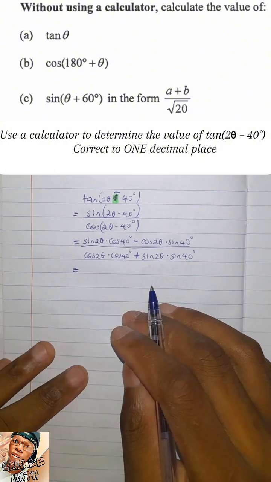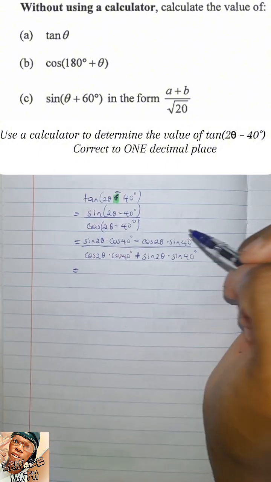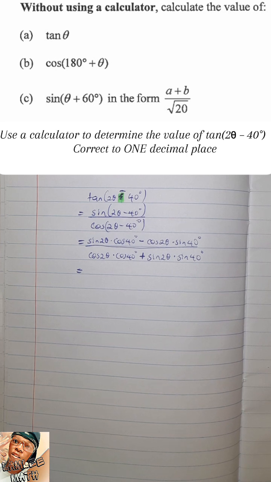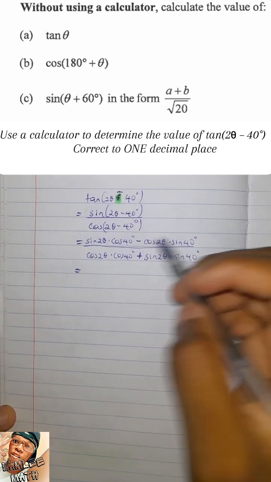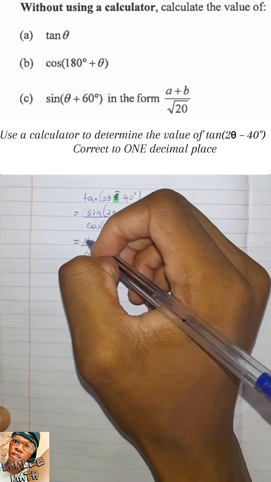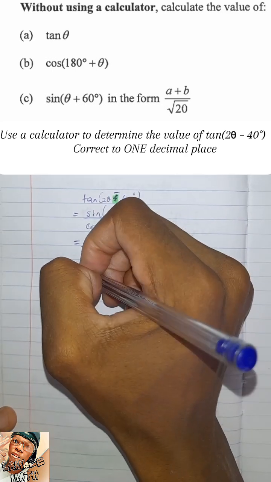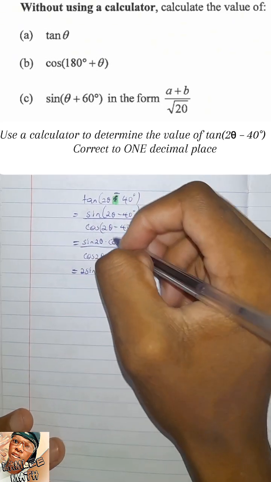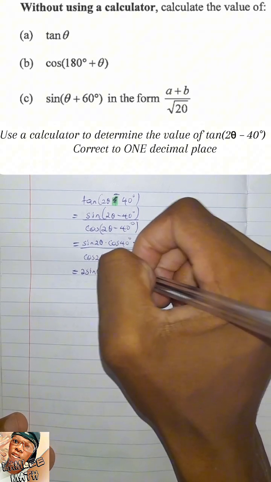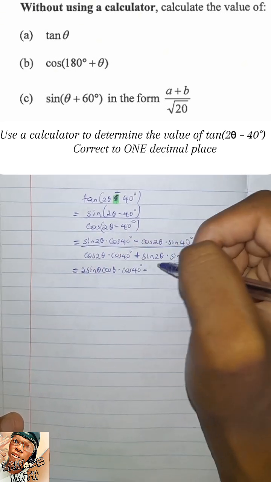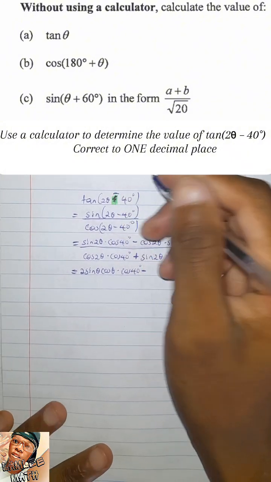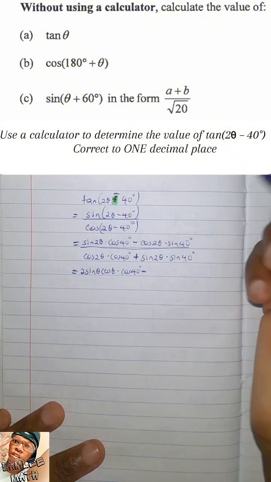So here, I don't know what cos 40 is, but because they say that we can utilize the calculator, that is not going to be any problem. The only problem that we have is expanding this double angle. So the double angle of sine is 2 sine theta cos theta, multiplied by cos 40 degrees, minus, and for the double angle of cos, we have 3 options, but I'm going to utilize the easiest one.